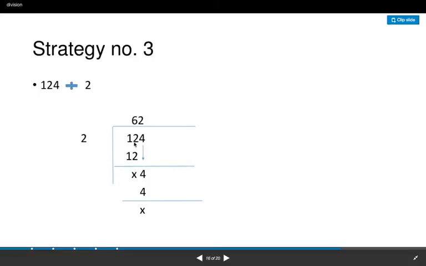So we subtract our top number from our bottom number, which is 0, and we bring down the next number. So now we need to see how many times 2 goes into 4. 2 goes into 4 2 times. 2 times 2 is 4, which gives us a remainder of 0. So our answer to 124 divided by 2 is 62.